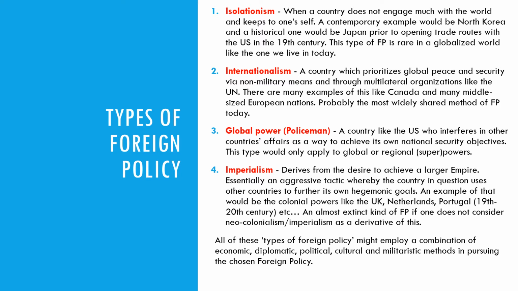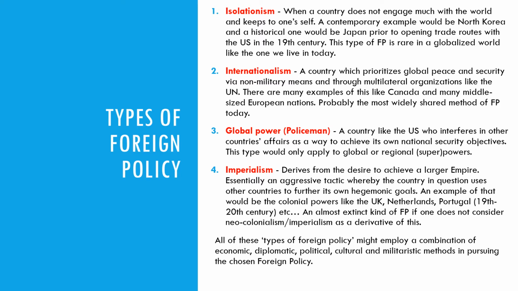The US in the 19th century also went into isolationism, and between the First and Second World War, the US also went into a few years of isolationism as well. This type of foreign policy is rare in a globalized world like the one we live in today, because isolationism comes as an opposed strategy of foreign policy towards globalization.